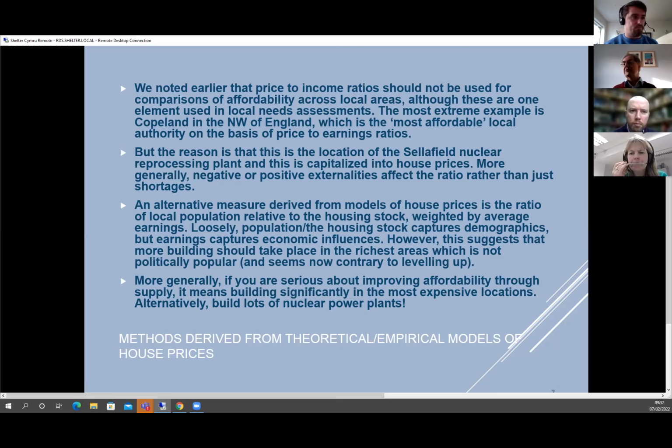To be slightly facetious, if you really want to use that ratio, by far the easiest way to improve your affordability is to build lots of nuclear power stations in those areas, and other things which will induce negative externalities.